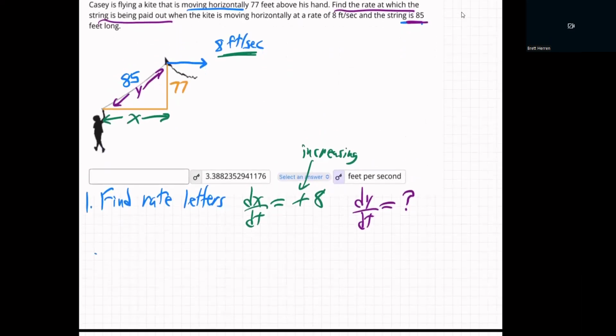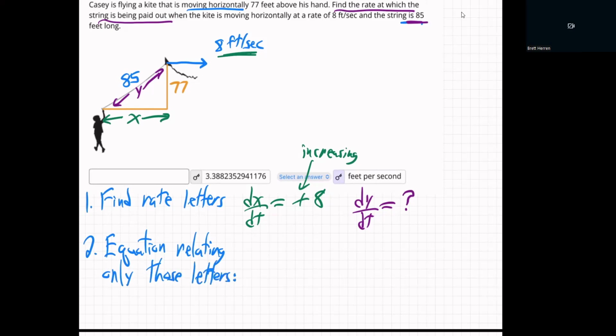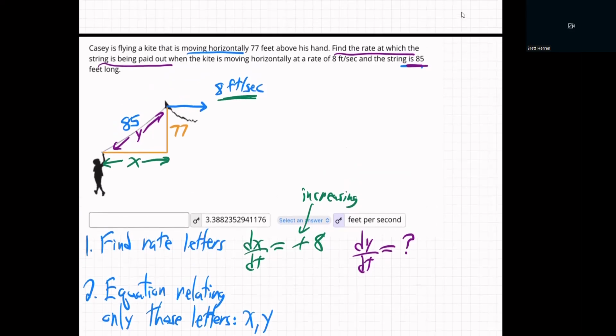So number two, find some kind of equation relating only those letters, which is what? X and Y. You can have other numbers, but no other letters, just X and Y. So I don't want to bring in theta or anything like that.